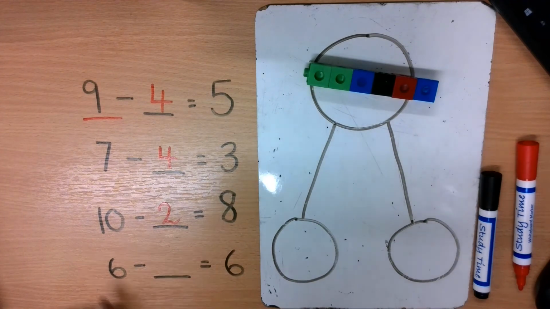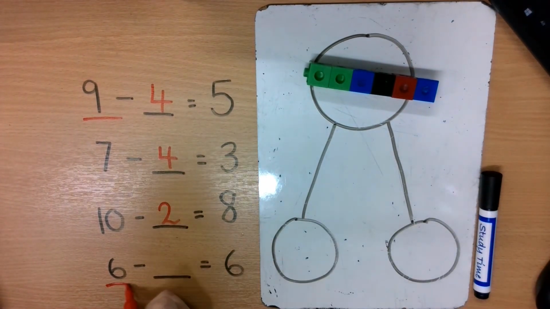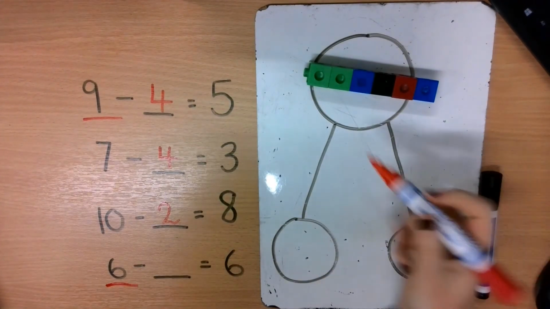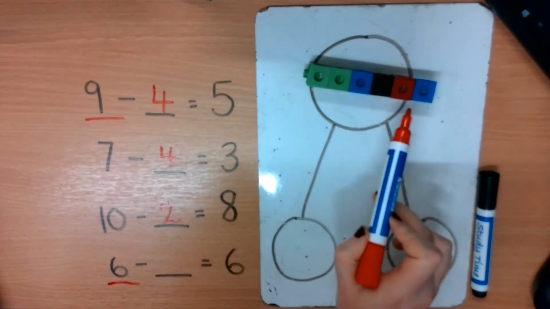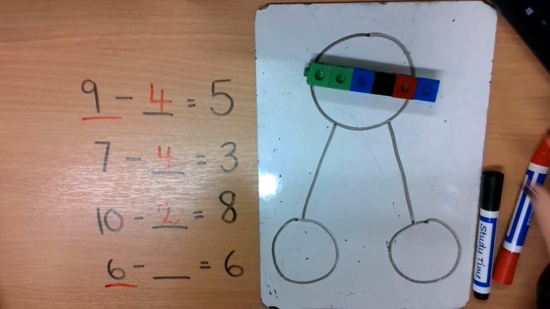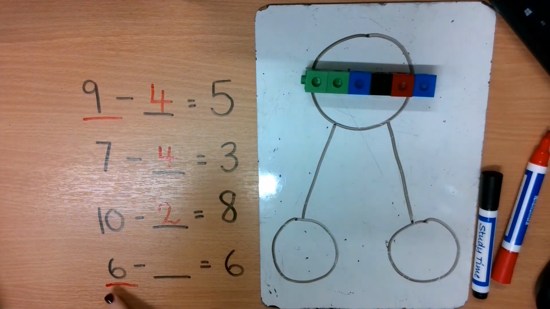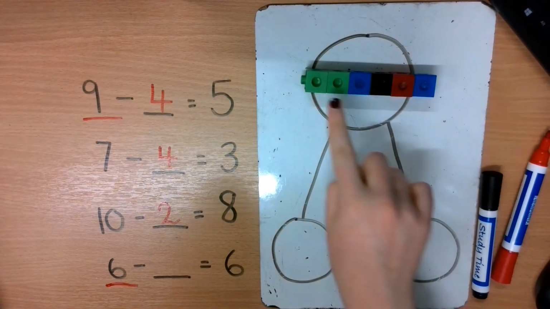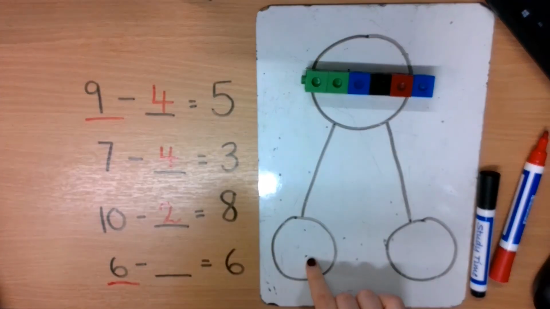Okay, now which number is my whole in this calculation? You're right, it's this number here, 6. So I've got my 6 cubes at the top of my part-whole diagram. Now, if 6 is my whole, what can I see? What's one of the parts? 6. So I'm going to snap off 6 cubes to put in one of my parts.